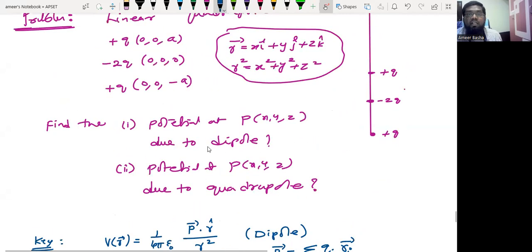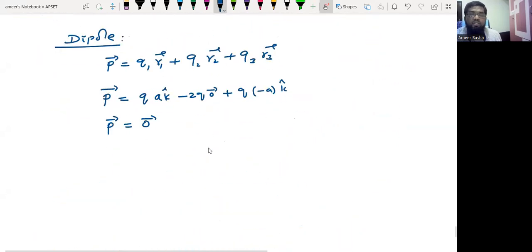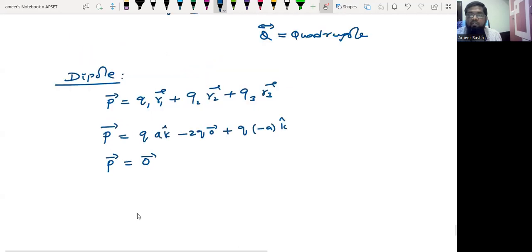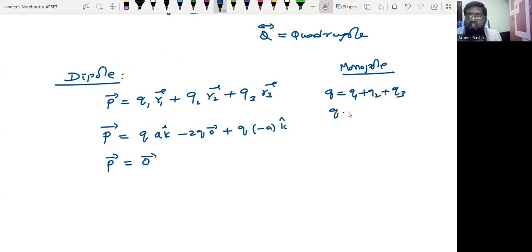Even if you notice here, monopole contribution is also 0. If you can calculate, monopole contribution is also 0. That is total charge. Monopole contribution means it is Q1 plus Q2 plus Q3. All three will become Q minus 2Q plus Q, that is 0.